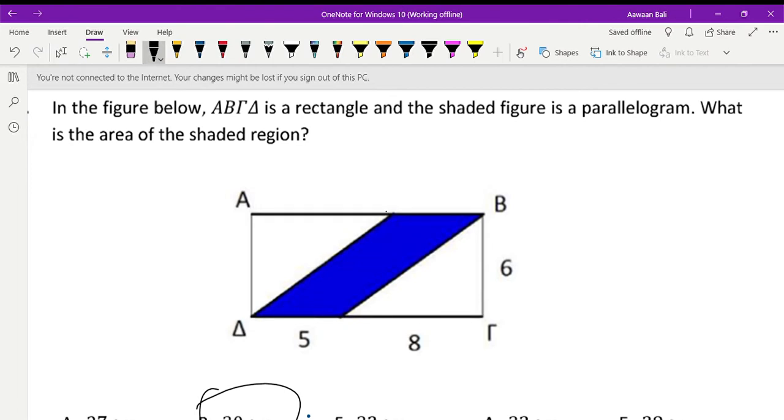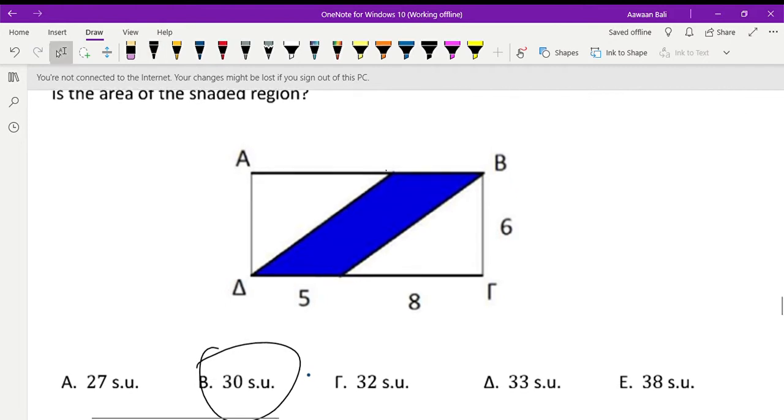But now for the other one, what we have to do is that we have to find the area of this and this. Now, 8 times 6 is 48, and half of 48 is 24, so 24 square units. And here it will be the same dimension, so 24 square units again.